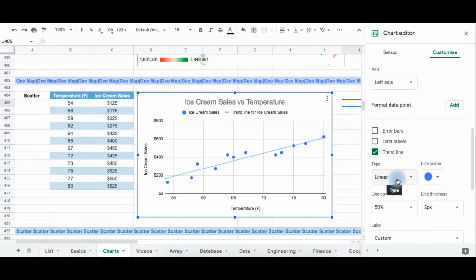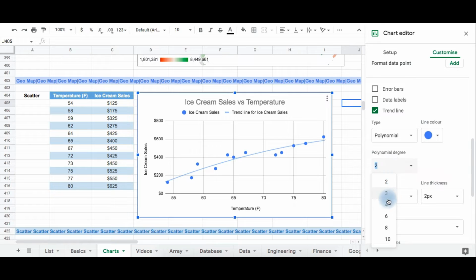Right now it is linear. You can also click on it and change it to exponential or polynomial. And for the polynomial, you can change the degrees if you need to, so 3 degrees or 4 degrees. As you can see, we're getting closer and closer to the actual pattern of the scatter.